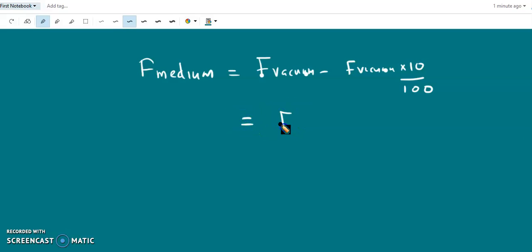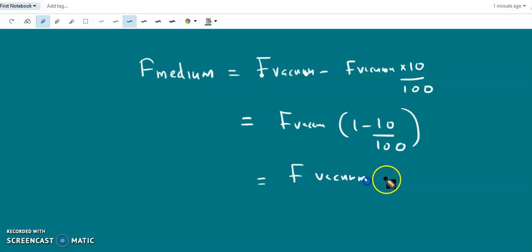So F vacuum into 1 minus 10 divided by 100. So this is 100 minus 10 by 100. അതായത് reduced by എന്ന് പറഞ്ഞപ്പോൾ അത് 90% ആയിട്ടാണ് മാറിയത്. 90 by 100. reduced to എന്നല്ല യൂസ് ചെയ്തിരിക്കുന്നത്, reduced by. അപ്പൊ 10% കുറഞ്ഞു. 10% ആയി കുറഞ്ഞതല്ല, 10% കുറഞ്ഞു. So F medium is 90 by 100.